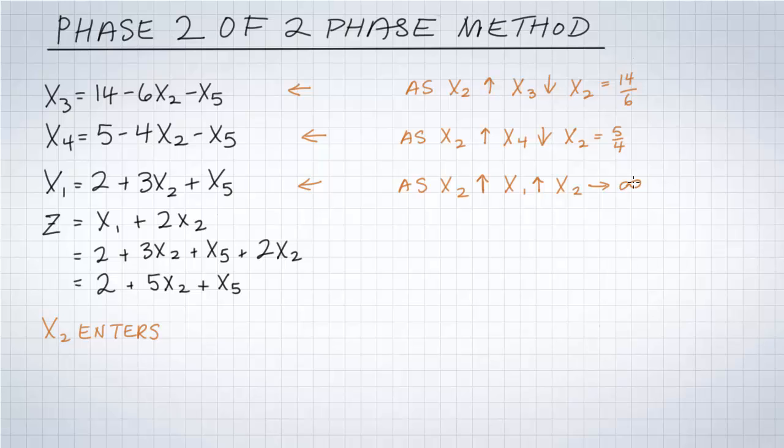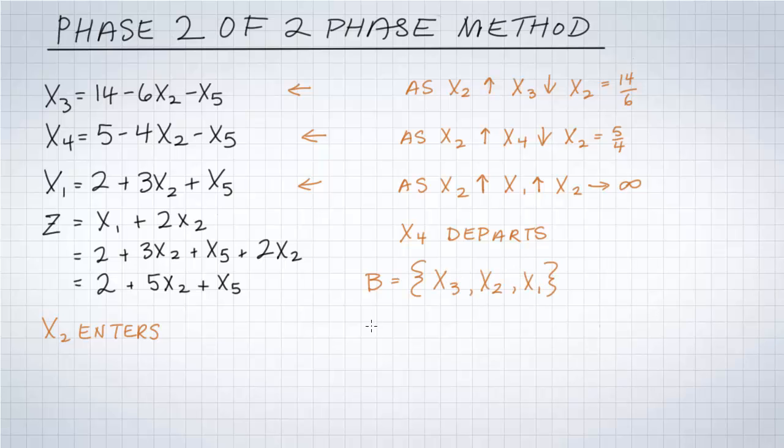It's the first 2 equations that are limiting x2, and since 5/4 is smaller, x4 will be going out of the basis, so x4 departs. Let's write down what the new basis is. The old basis used to be x3, x4, x1, and now since x4 leaves, x2 enters and takes its place.